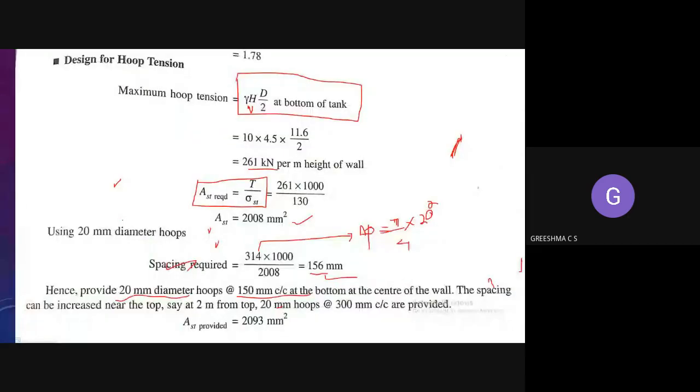At the center of the wall, you can provide 20 mm diameter bars at 150 mm center to center. As you go to the top, you can increase the spacing up to 300 mm. 20 mm diameter bars at 300 mm center to center can be provided.